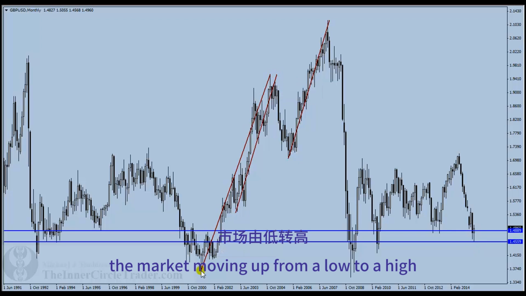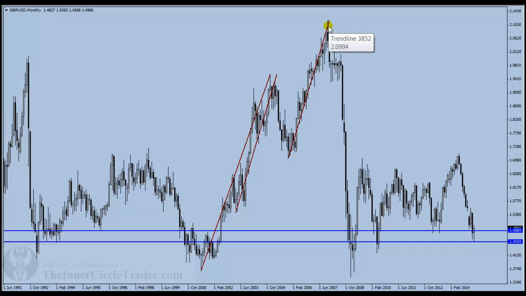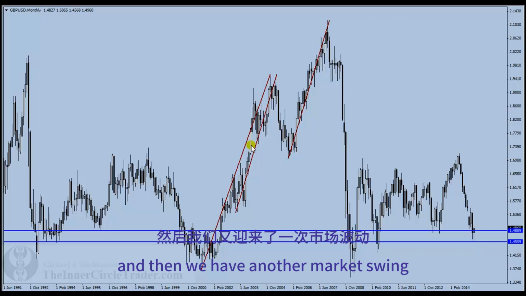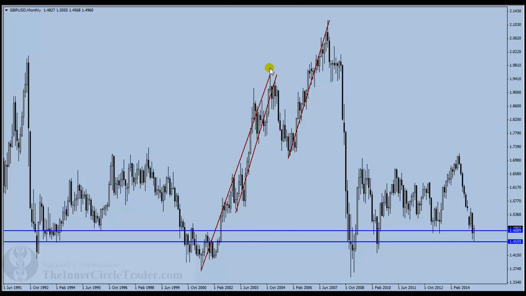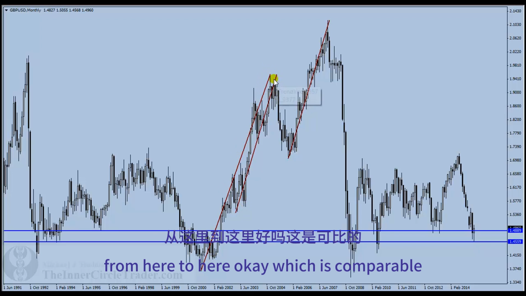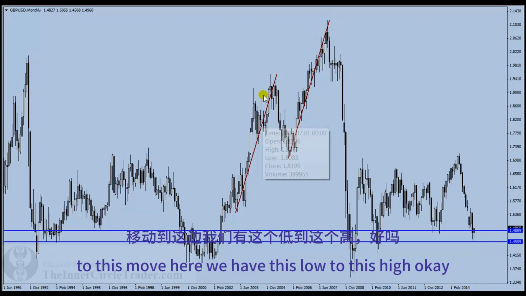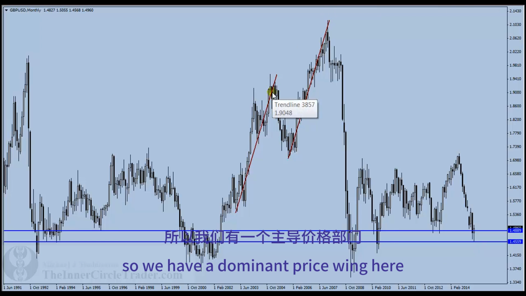So we have a dominant price swing here, a retracement, and then another rally up. But this price swing here is the second leg of what this leg is already done inside of this initial parent price swing. So we have an equal distant measured move type thing, an ABCD extension, as it is commonly referred to in price action or technical analysis, if you will.